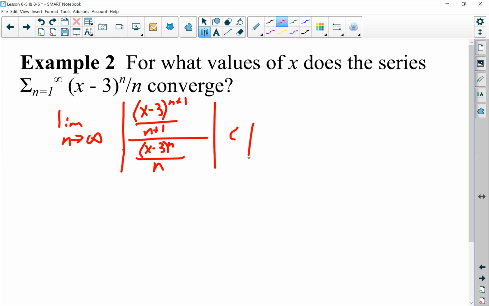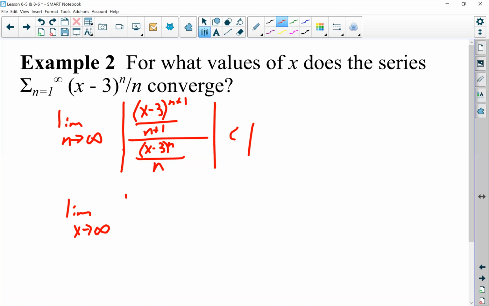So again, starting by looking at a sub n plus 1 divided by a sub n. I'm going to rewrite that division because we have rational expressions there.